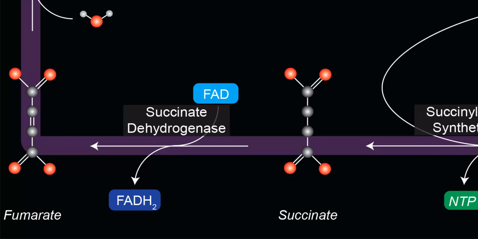Its role is to oxidize succinate to produce fumarate, and in the process we generate FADH2, which then shuttles directly into the mitochondrial electron transport chain in complex 2. But now back to the TCA cycle. So we've produced fumarate.